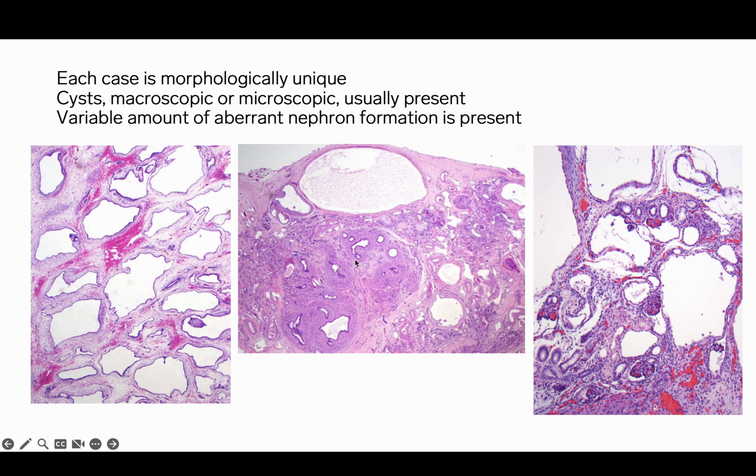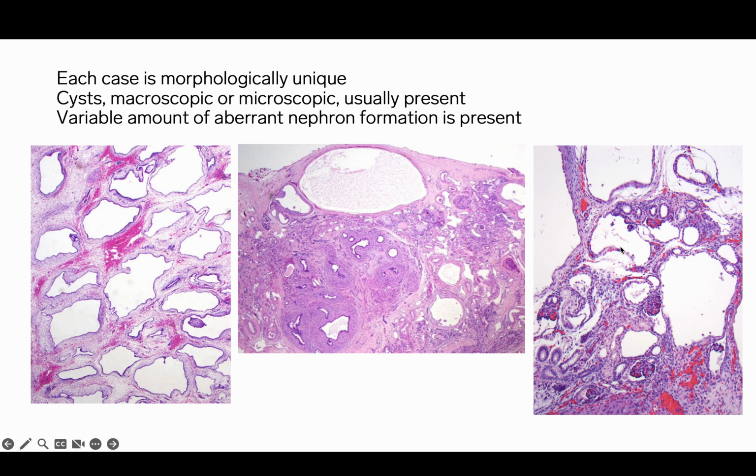The one in the center shows lots of immature or dysplastic ducts with some immature remnants of poorly formed nephrons in the background. And on the far right, we have cysts, and then we have a couple glomeruli that look relatively well formed, but lacking any significant tubular component.